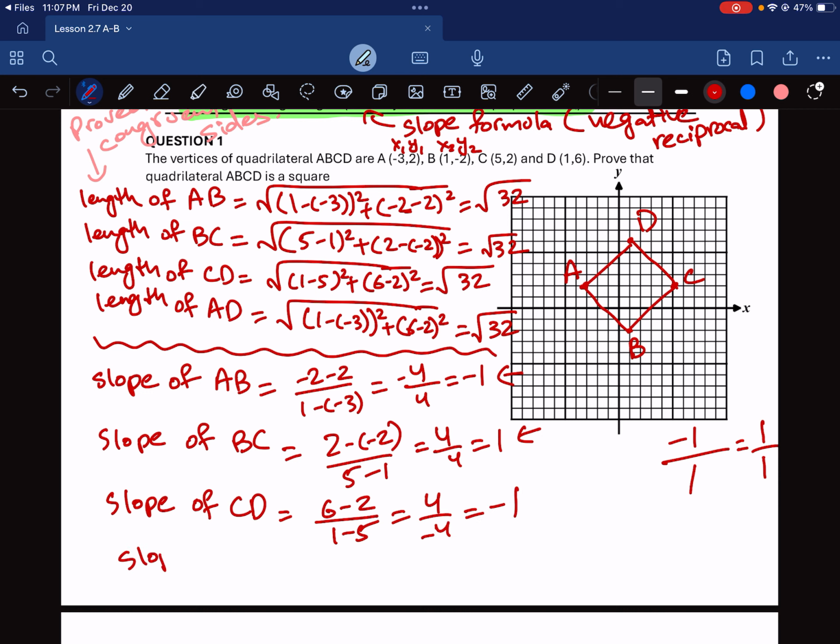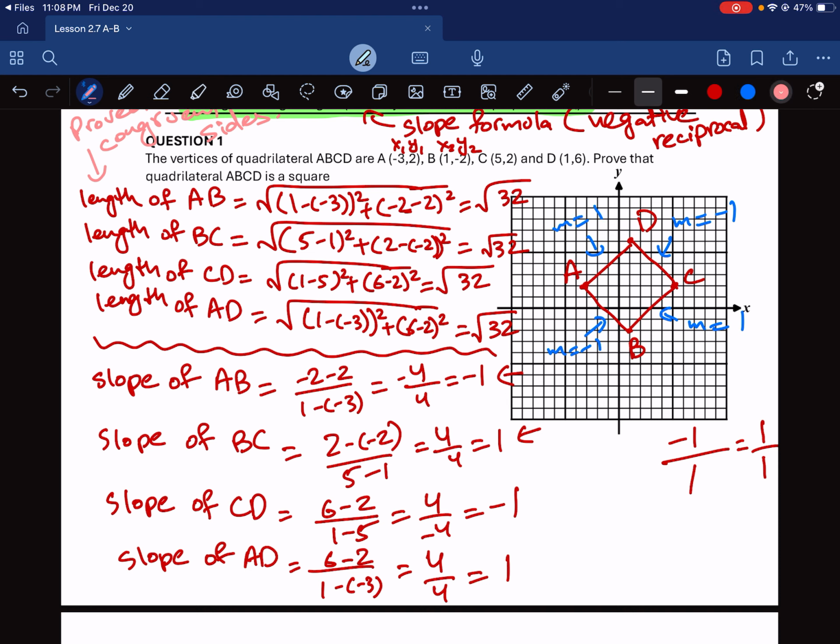And lastly, the slope of AD is 6 minus 2 over 1 minus negative 3, 4 over 4, which is 1. So the slope of AB was negative 1, BC was 1, CD was negative 1, and AD was 1.